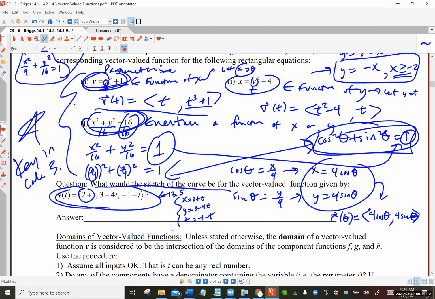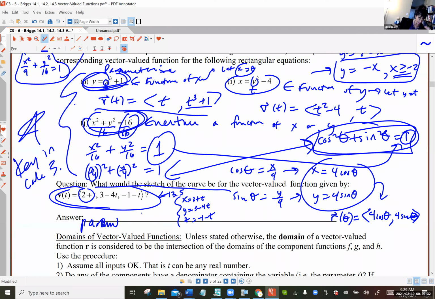The parametric equations of a line. Yeah, very good.